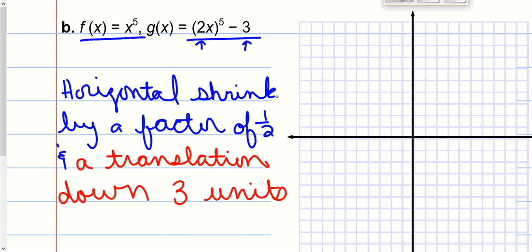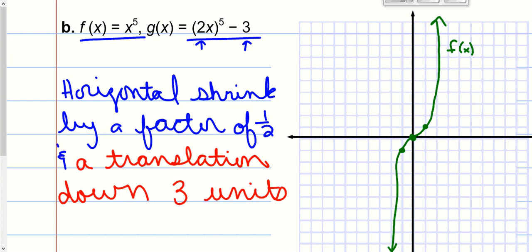The parent function, x to the 5th, if we're looking at the table, we have -2, -32, that goes way off our graph, -1, -1, 0, 0, and 1, 1. Looking at the shape of the graph, it looks very similar to the x cubed function. Alright, so there's our f of x.